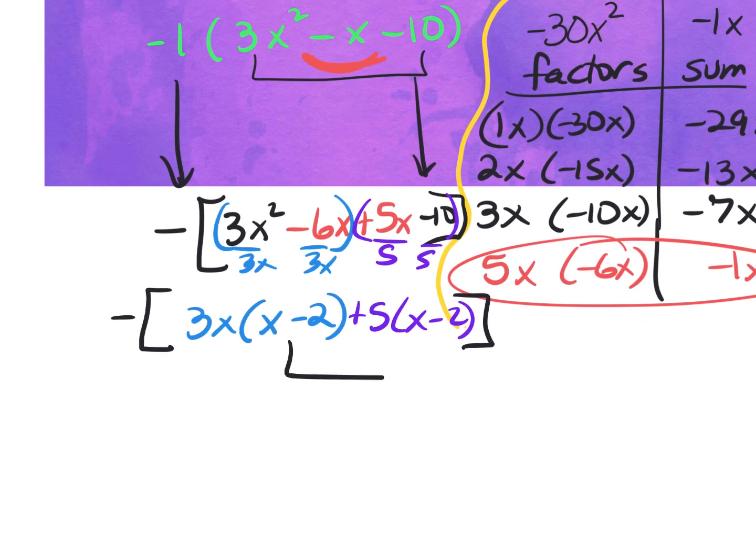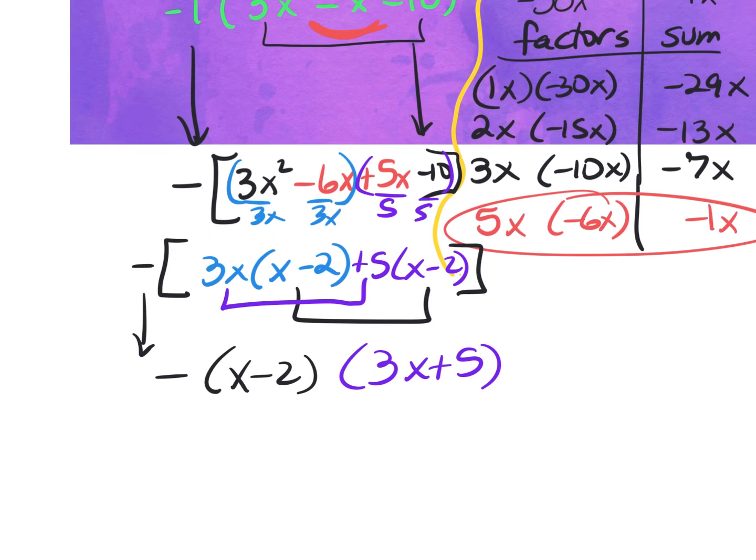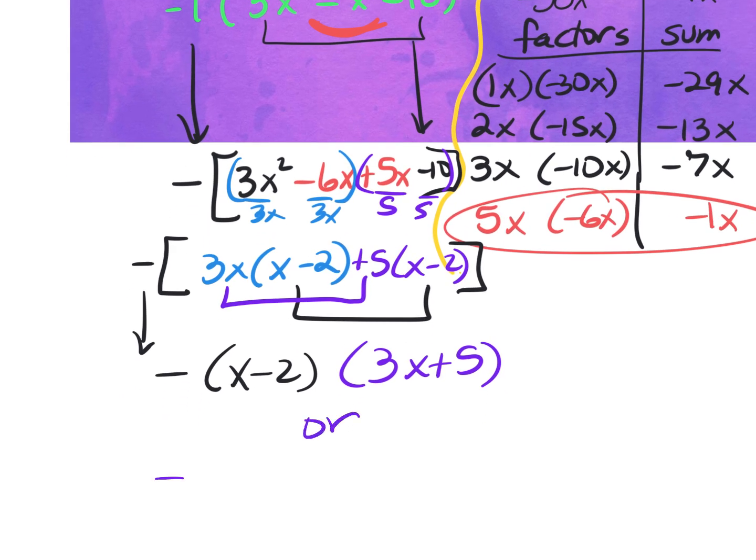So notice these are the same. You write that down. We still also have the negative sign in front, and then you're also going to group the GCFs to create the second binomial. And again, the order that you write them, remember, doesn't matter. You could have put the 3x plus 5 first, and then the x minus 2 second.